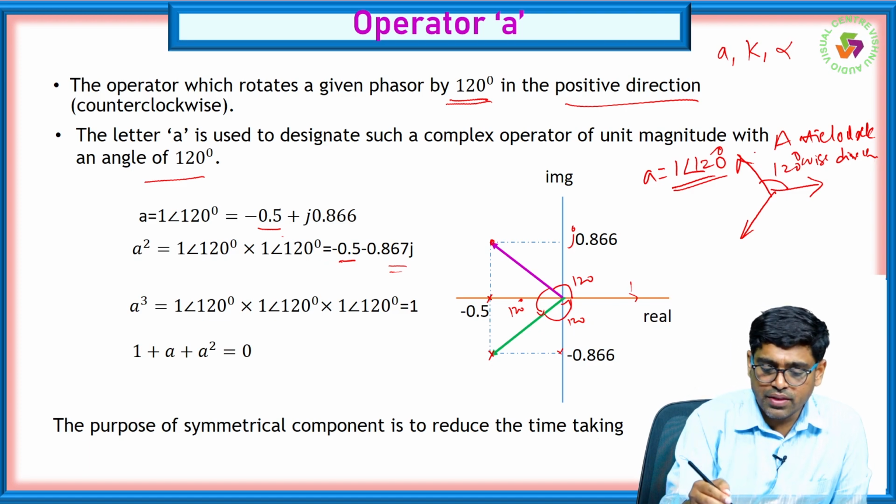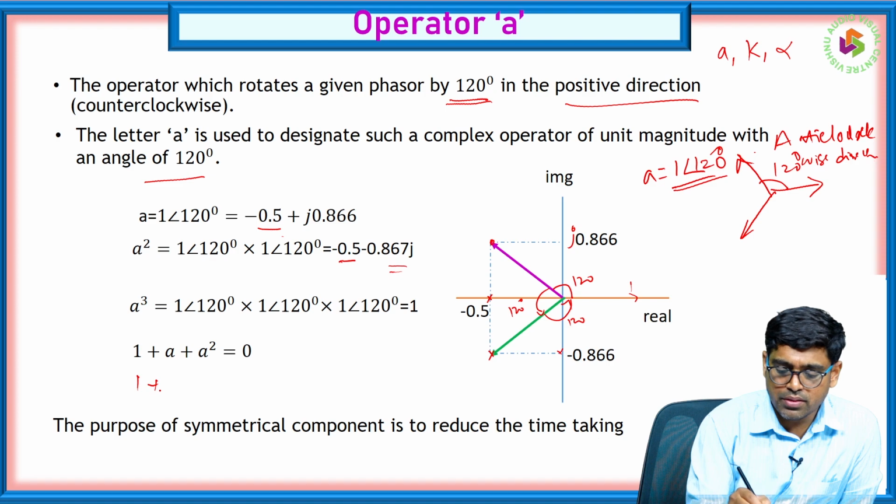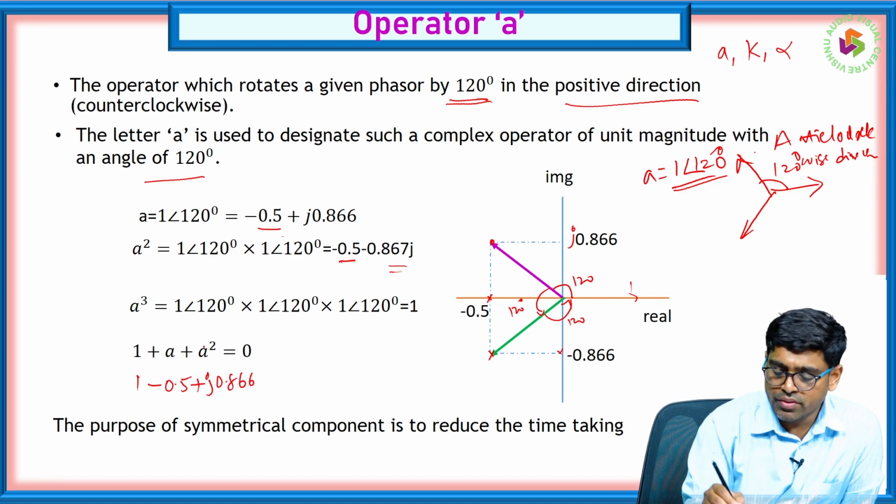So adding these quantities, 1 plus A plus A square. A is minus 0.5 plus j 0.866, and A square is minus 0.5 minus j 0.866.